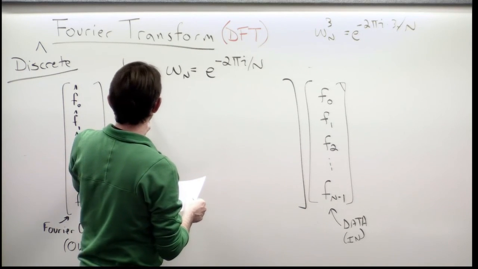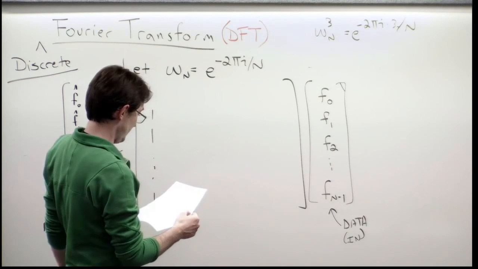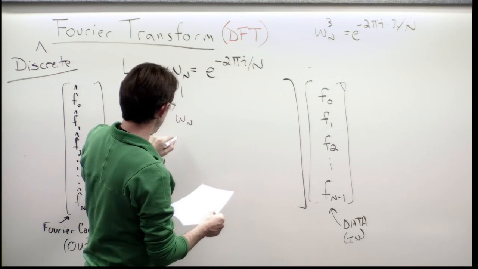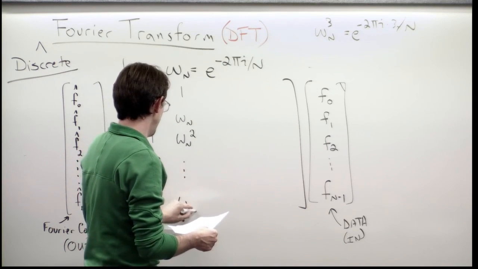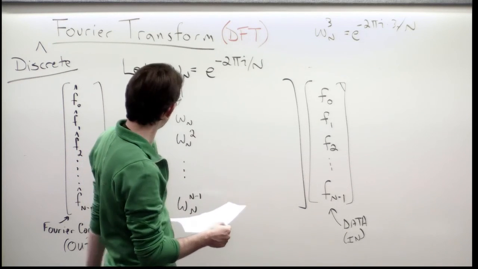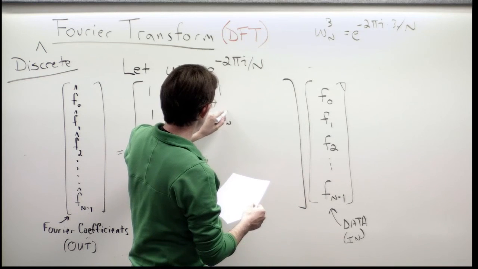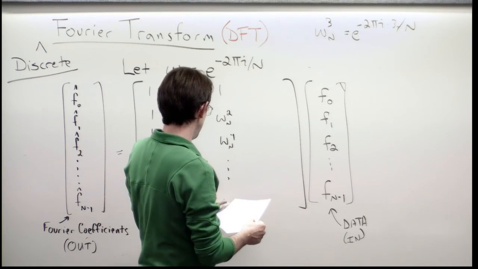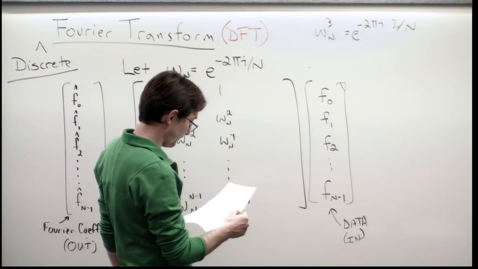So I get 1, 1, 1, dot, dot, dot, 1. Then 1, omega n, omega n squared, dot, dot, dot, omega n to the n minus 1. Then 1, omega n squared, omega n to the fourth, dot, dot, dot, omega n to the 2 times n minus 1.